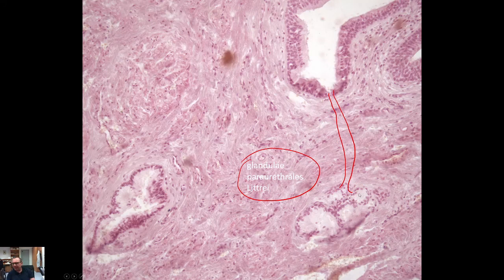Then there is some smooth muscle tissue, but it is usually connected with cavernous spaces of the penis, so we will describe the other layers of the male urethra in the male reproductive system.